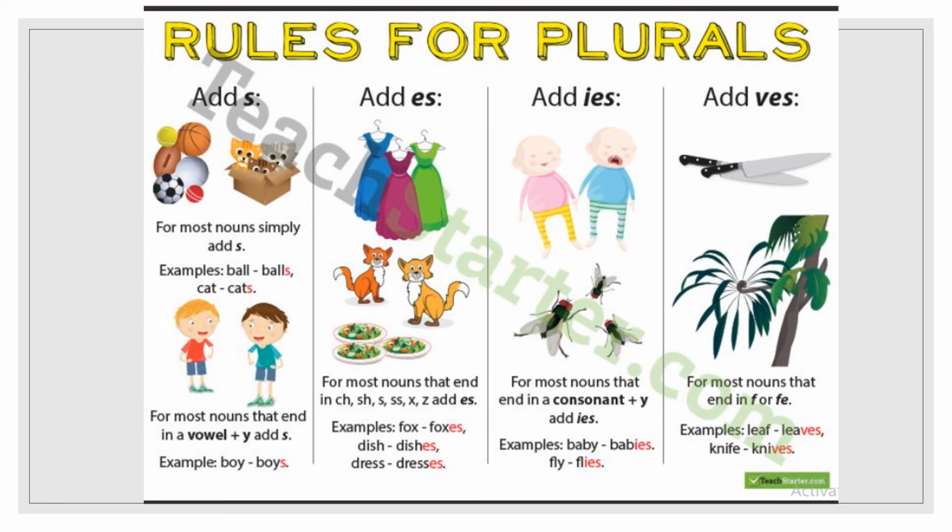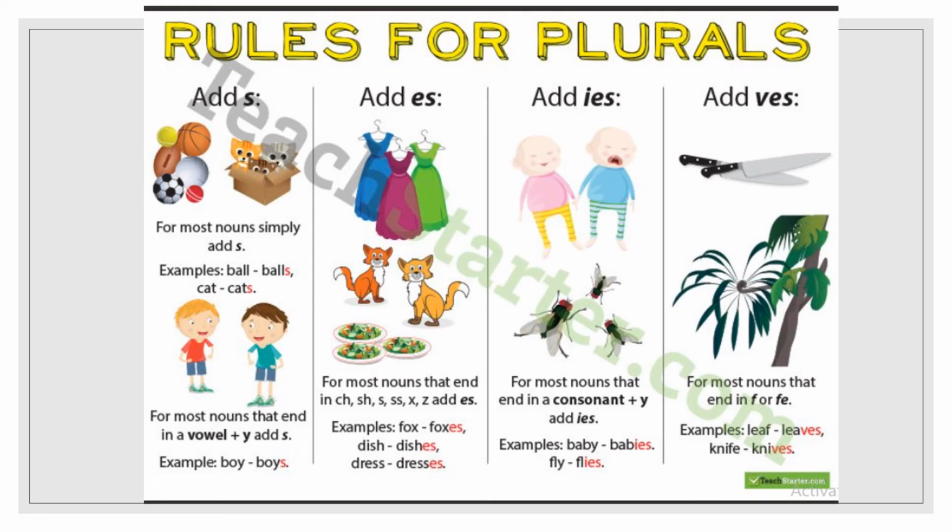So we saw examples where we would have to add an S to the end of the noun to make it plural. That's for most nouns. We saw an example where we would have to add an ES to make it plural. That's if the noun ends with a CH, SH, with a S or a double S, an X or a Z. We saw a rule which says that we have to add an IES.